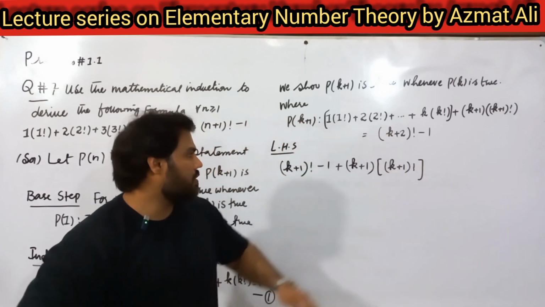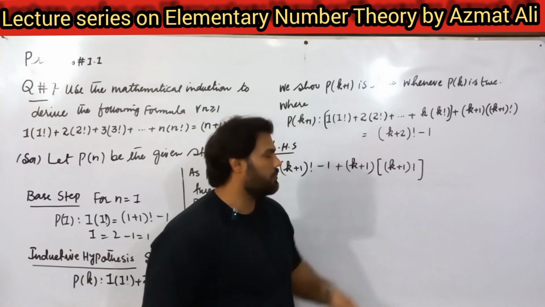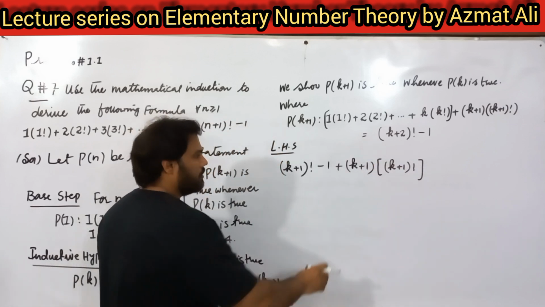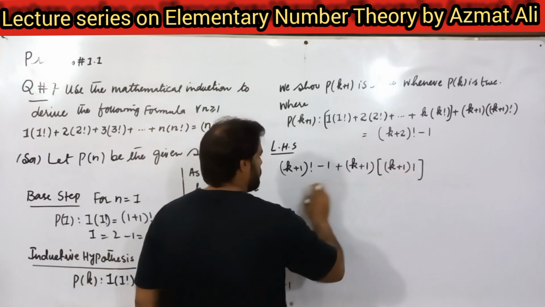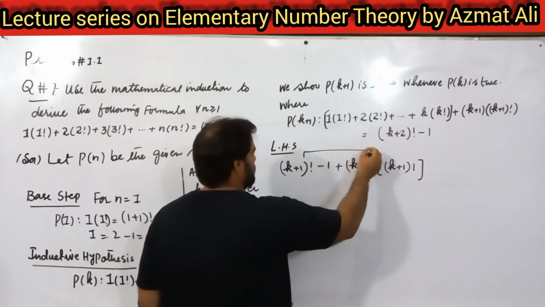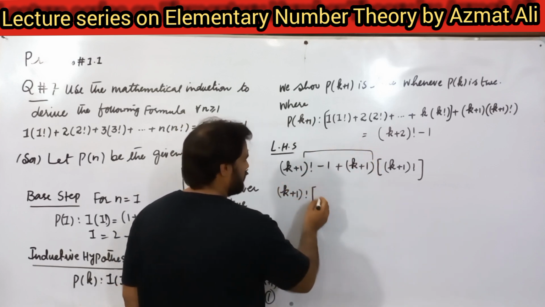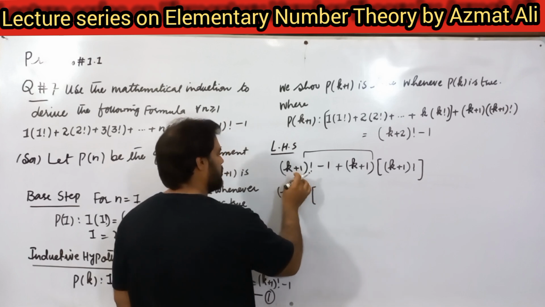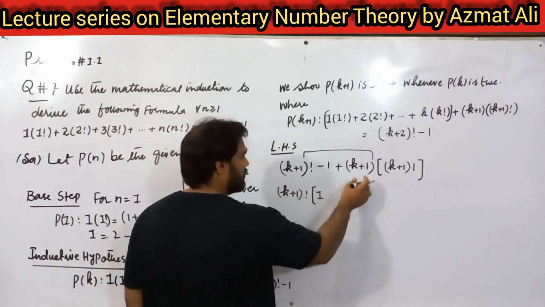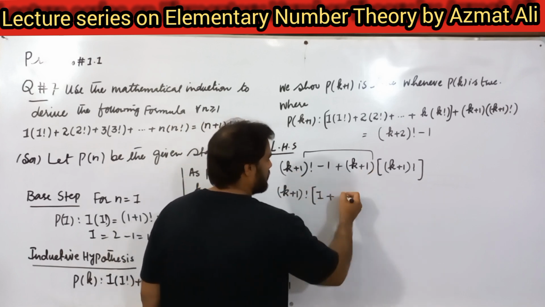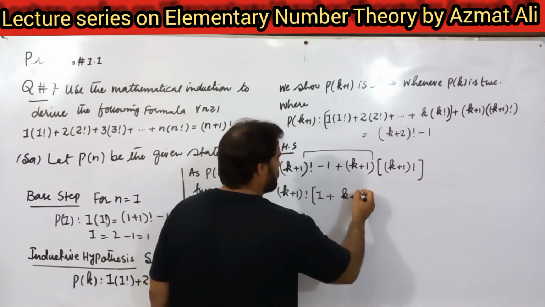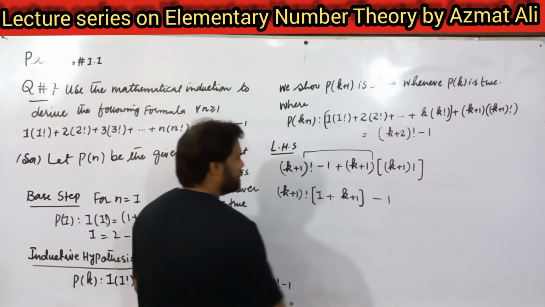I need to show the right side, (k plus 2) factorial minus 1, by just taking (k plus 1) factorial common from these two terms. I have (k plus 1) factorial. After taking common, here is 1 plus (k plus 1), and this is minus 1.